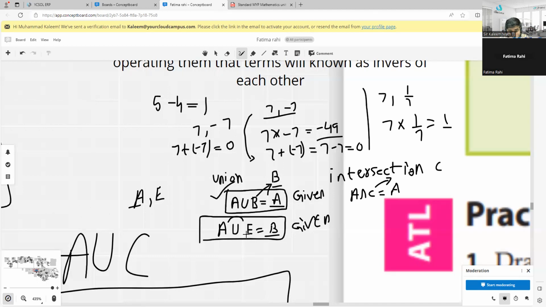If you are checking for union, you take the union between them. If you are checking for intersection, you take the intersection between them. Here we take the union because we are checking for union. If they give the union identity after taking the union, then they will be known as inverses of each other for union.